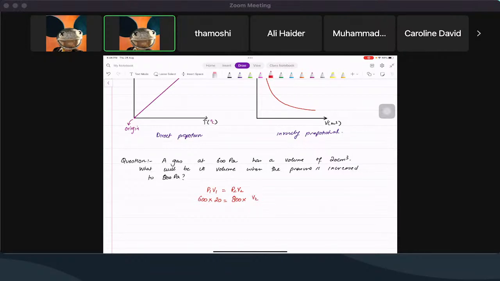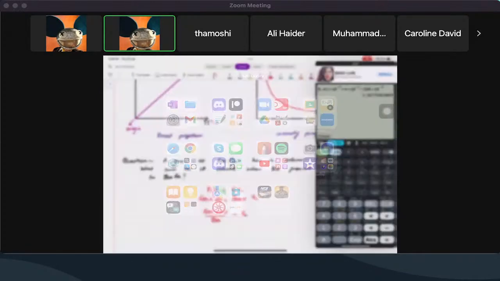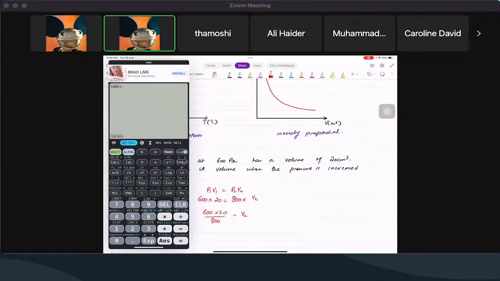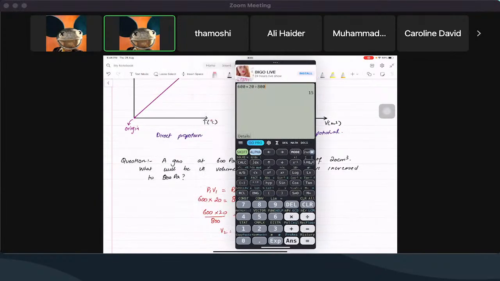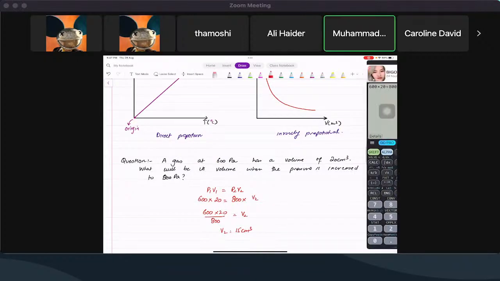So this would be 600 times 20 divided by 800. So I think 15 could be the right answer. Let me check. Yes, it has to be 15 centimeter cube. Is it clear, everyone?